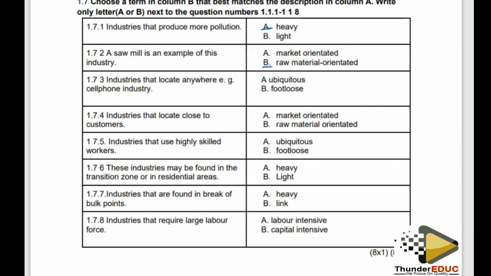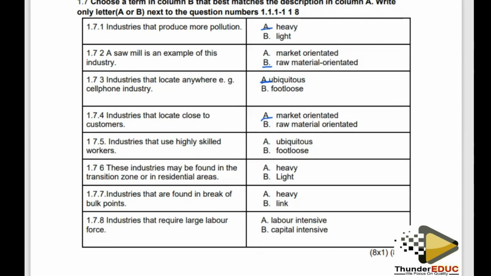Industries that locate anywhere, e.g. a cell phone industry. So that would be the ubiquitous industry, because we know they locate anywhere, because they know you have access to customers. Industries that locate close to customers, that would be market oriented industries.